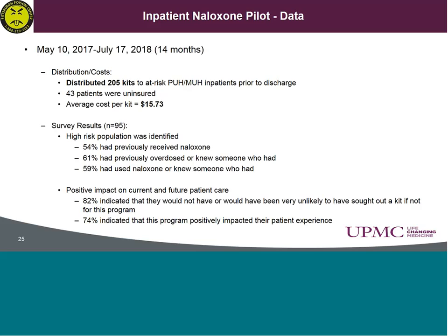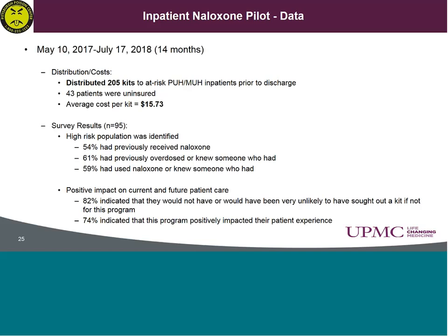Yeah, the N of 95 just means that about 110 people declined to complete the survey, or some other logistical reason meant that the survey didn't get back to us. Within those 205 kits and patients, there were no repeat customers, so to speak.